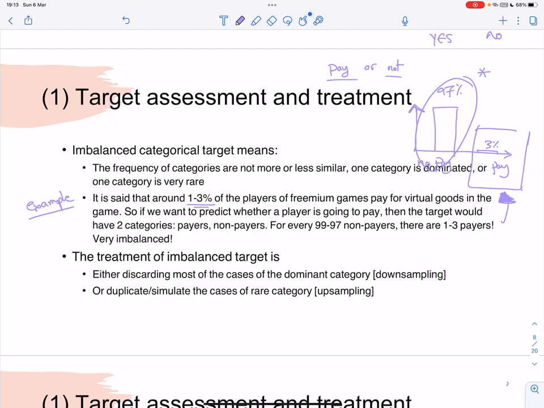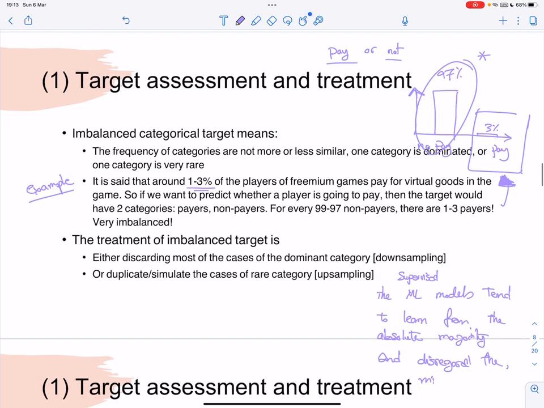So the reason is that machine learning models, and actually supervised models, tend to learn from the absolute majority and disregard the minority.